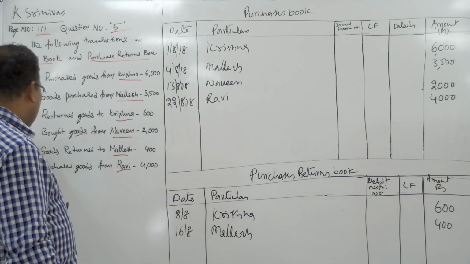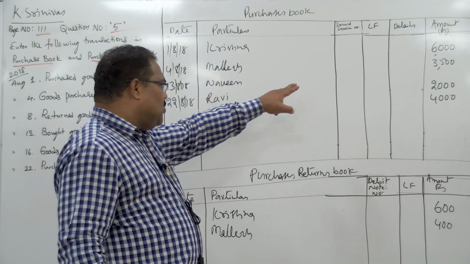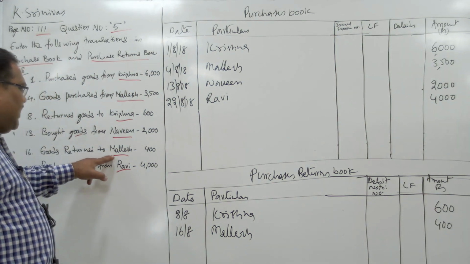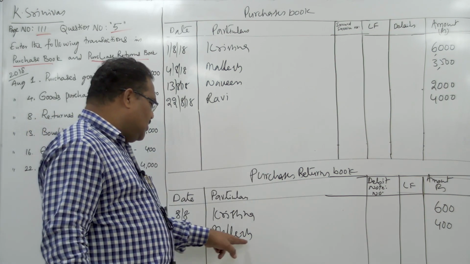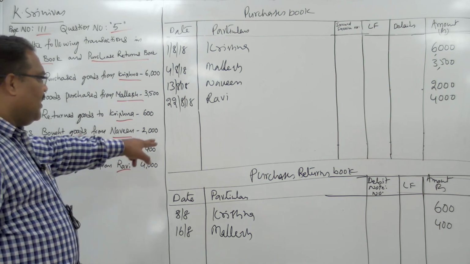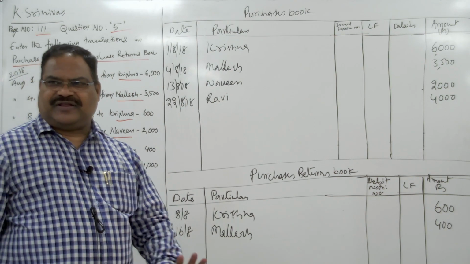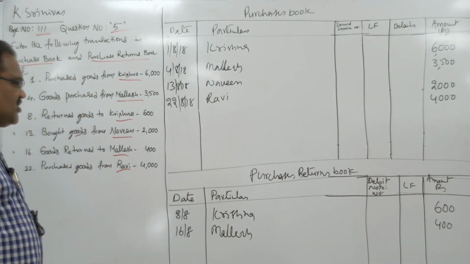Bought goods from Naveen, that is purchase book, rupees 2,000. Goods returned to Malaysia, that we have to take in the purchase returns book. The last one, purchased goods from Ravi, taken in the purchase book. Now everything is completed. We have to take the totals, that's all.